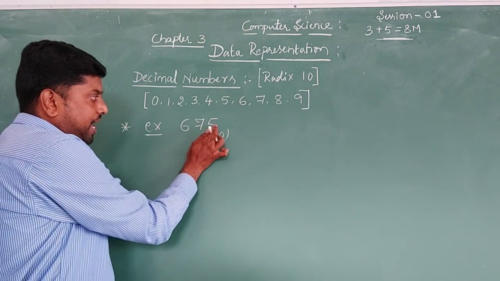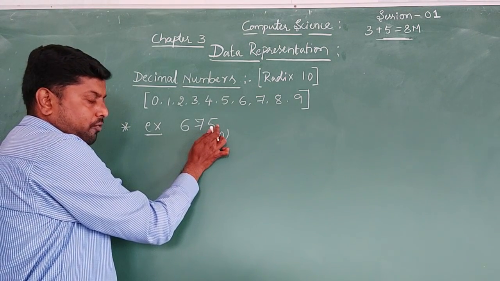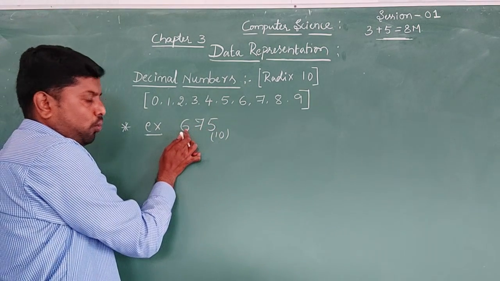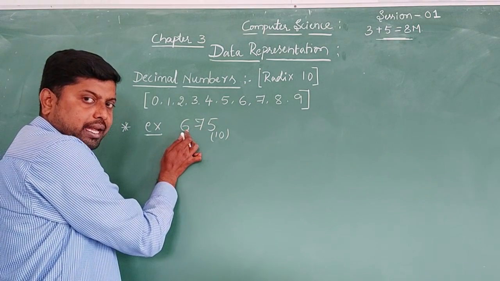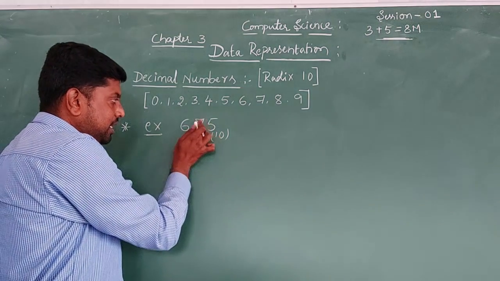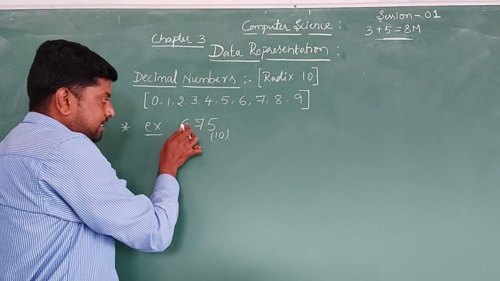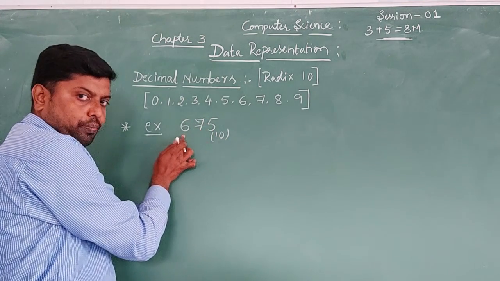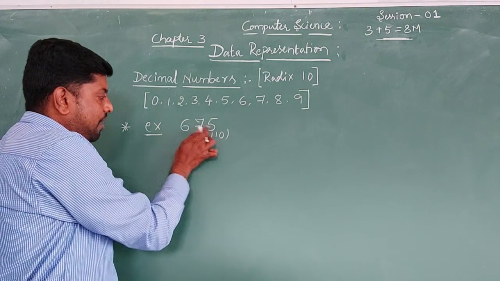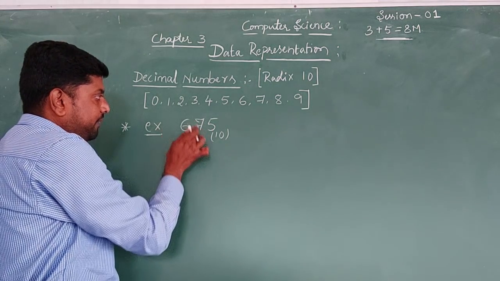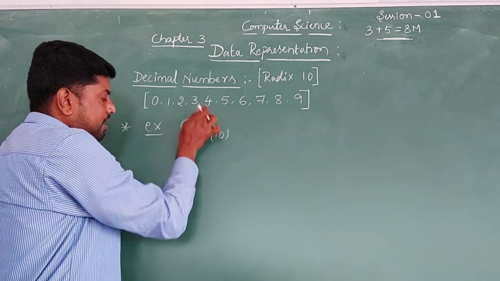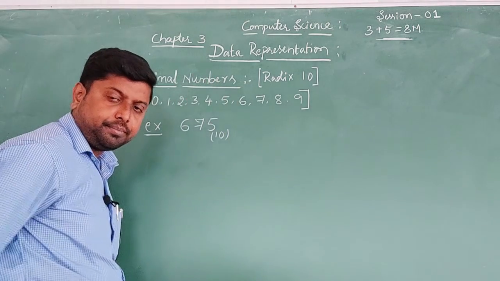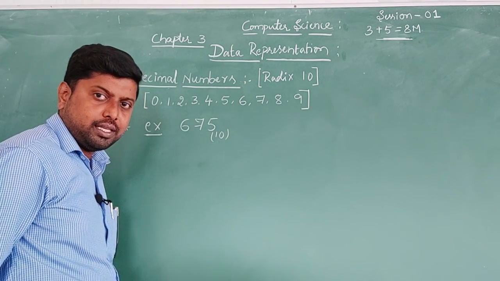Consider 5 has the weight 0, then 1, 2. So the total weightage of these 3 digits is 0, 1, 2. The value of the 6 is 2, the value of the 7 is 1, the value of the 5 is 0, sorry. Then how to calculate this? See here.